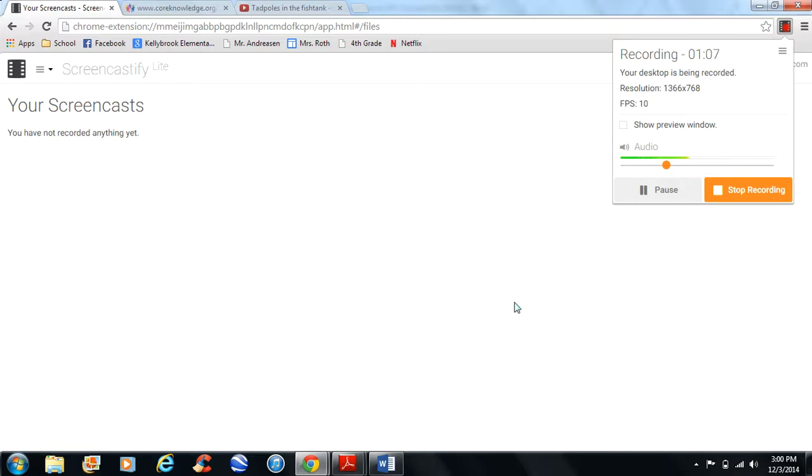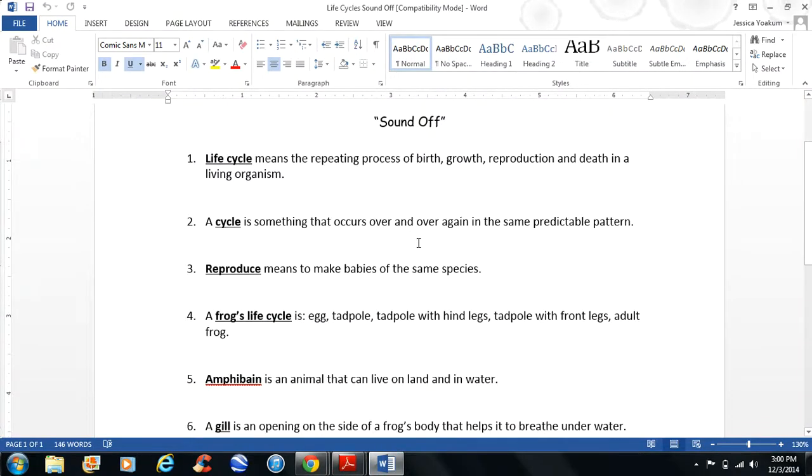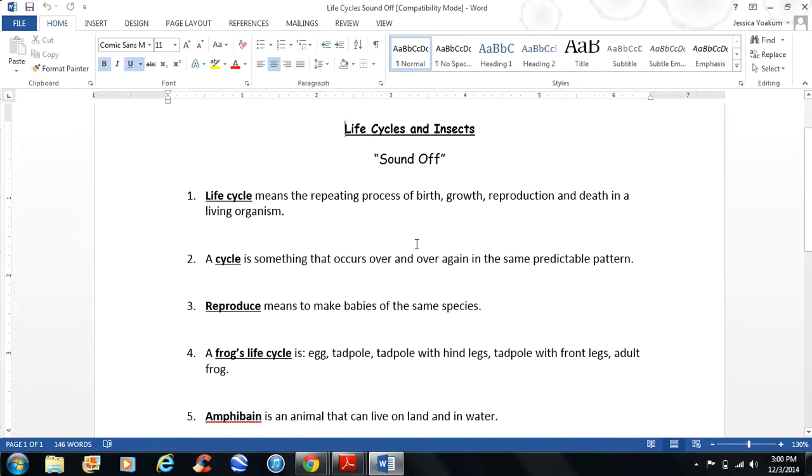So as we have done with all of our other lessons, we are going to start off with our life cycle sound off. I have some added vocabulary words, but we are going to start and say these words together. Number 1, life cycle means the repeating process of birth, growth, reproduction, and death in a living organism.